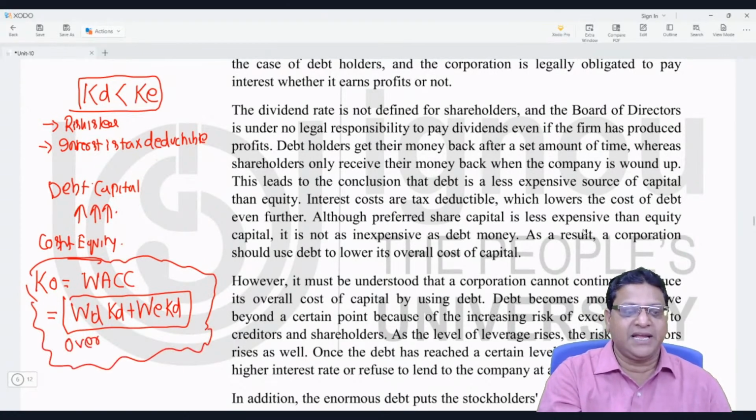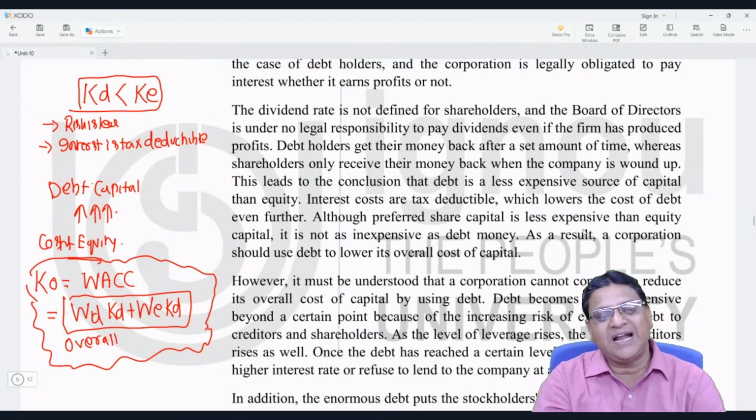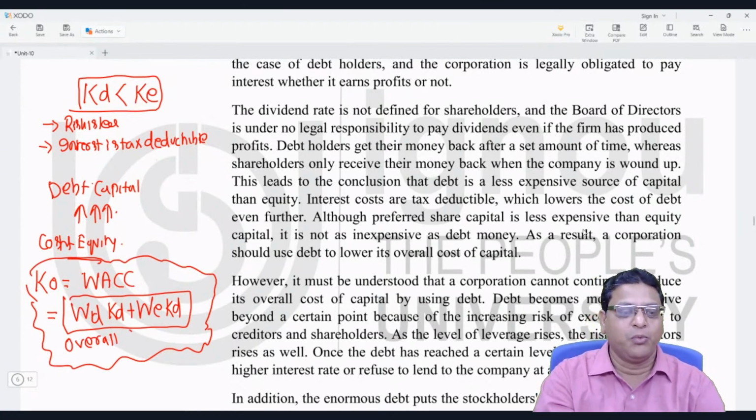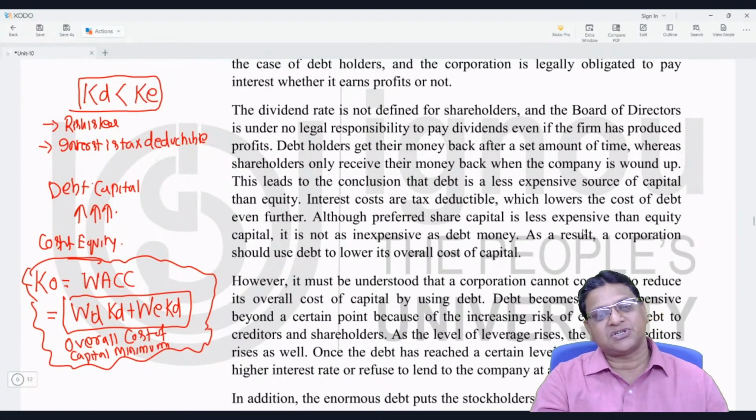While designing capital structure, we should design that capital structure where overall cost of capital is minimum. So what is the best or optimum capital structure? Optimum capital structure is that capital structure where overall cost of capital or weighted average cost of capital is minimum.